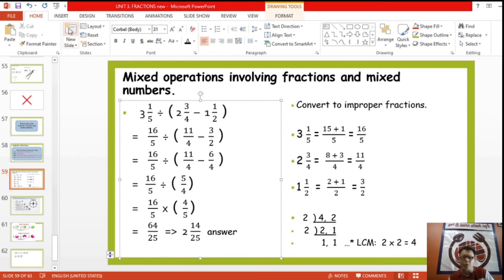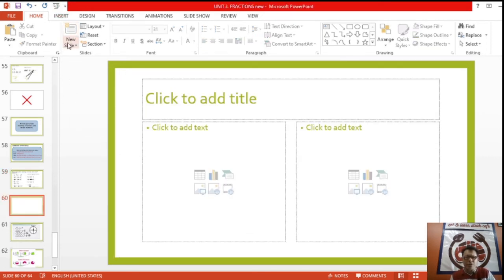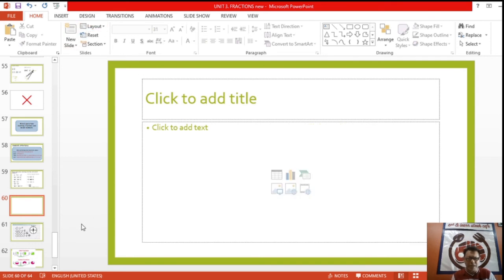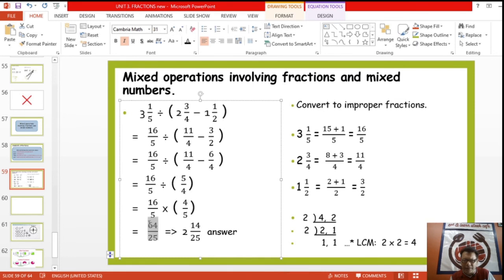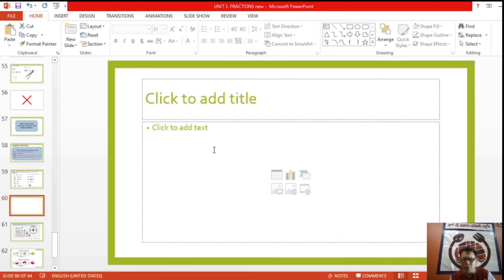No. So we do the division right away. This is how you're going to do it. Look at this. 64 over 25, right? Let me copy that. 64 divided by 25.